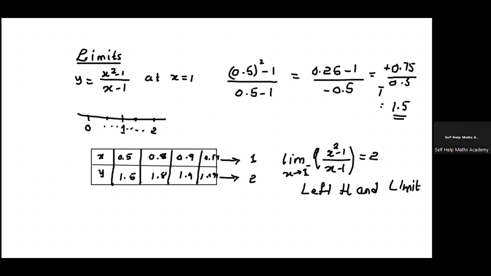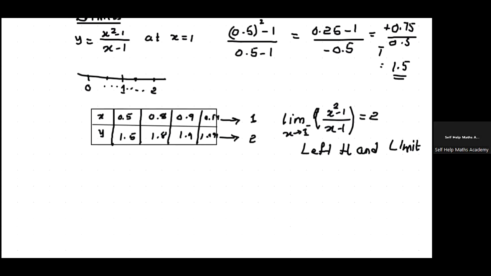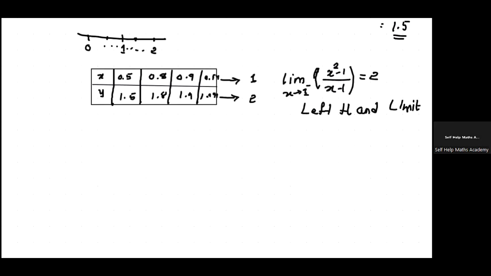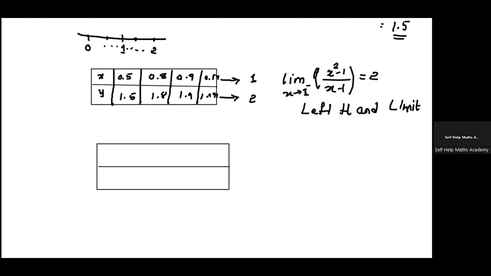Similarly, we will now see what happens when we look at the same result from the right hand side. So what will be the change with the given function? Let's see, I take the values of x and y from the right hand side. So let me take the value 1.5 in the given function.